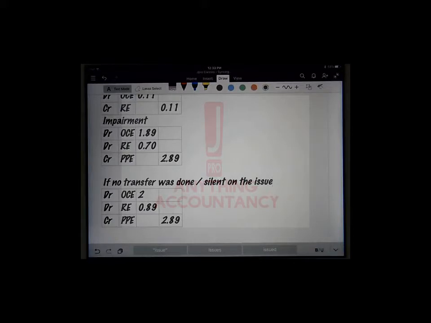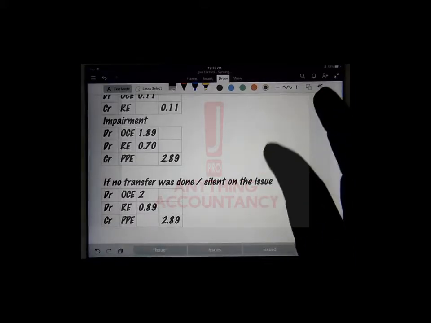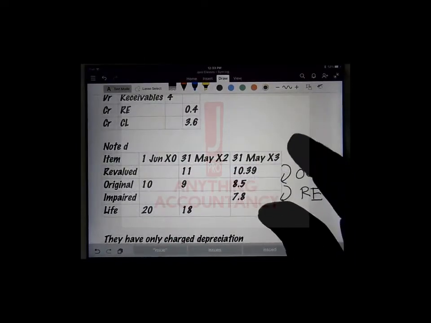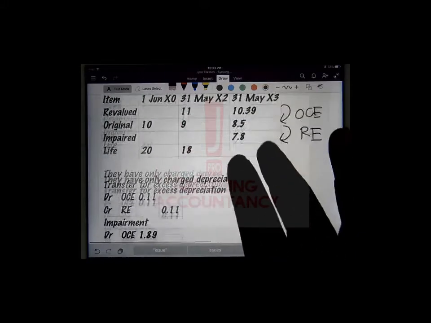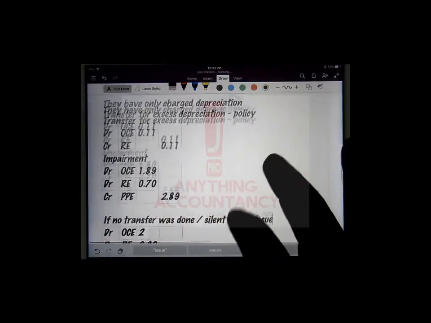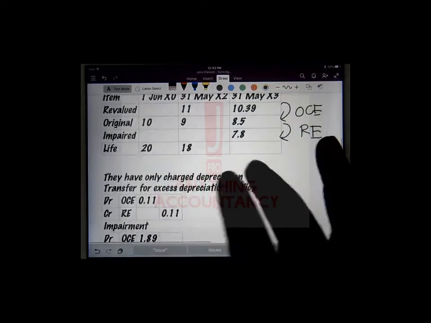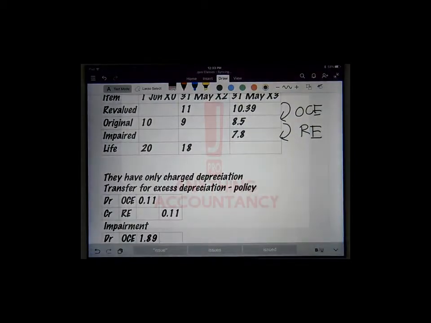2.89. Which one? The drop. The drop is 2.89, right? 10.39 minus 7.8 is 2.59. Eh? 2.89, right? 0.50 per month we get.